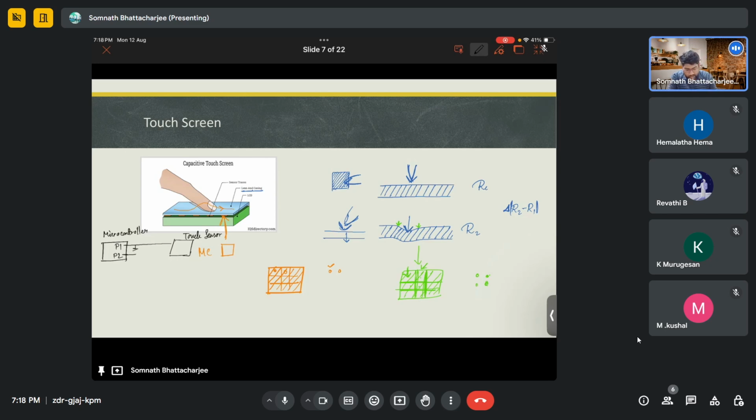First we'll add a resistance here, and after that we'll add a capacitance here. Let's say the capacitance is C and the resistance is R.